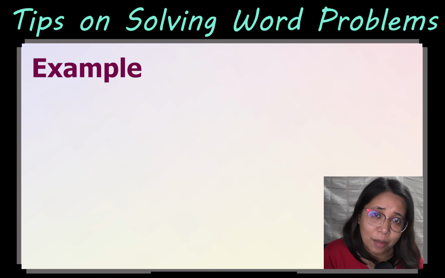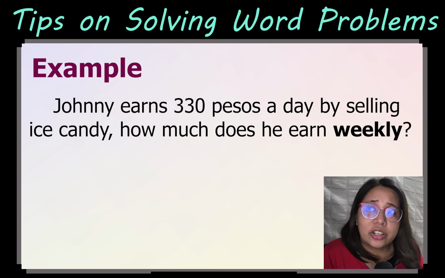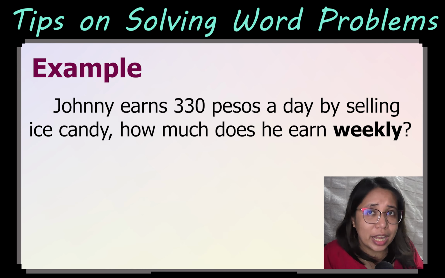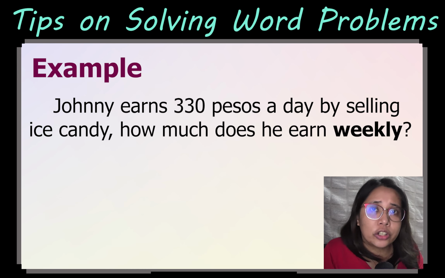Okay, so for example, we have Johnny earns 330 pesos a day by selling ice candy. How much does he earn weekly? So dito, ang keyword natin ay weekly. At ang hinahanap ay yung total na na-earn ni Johnny sa isang linggo kung kumikita siya ng 330 pesos bawat araw.